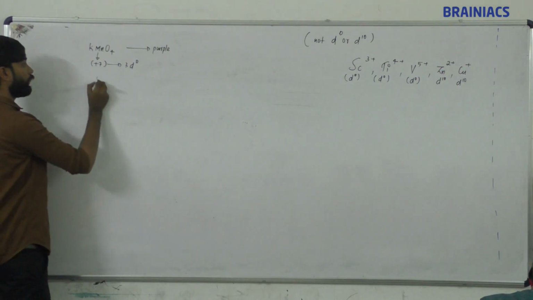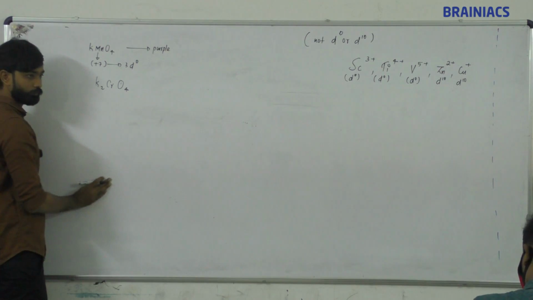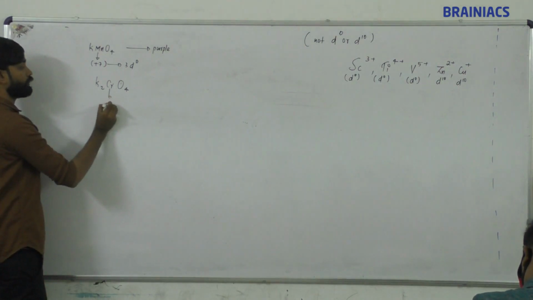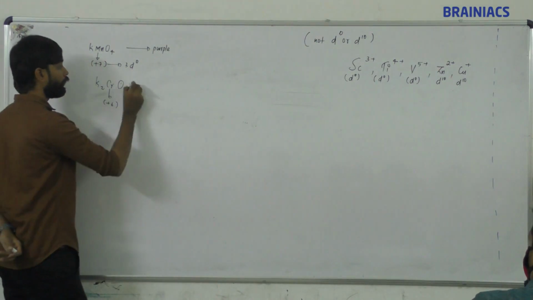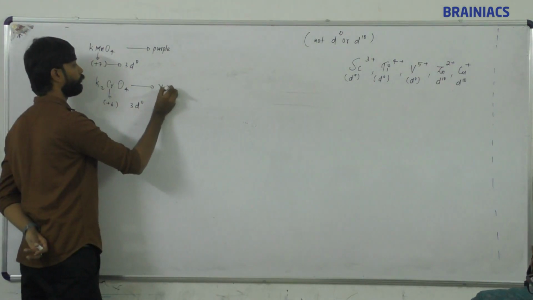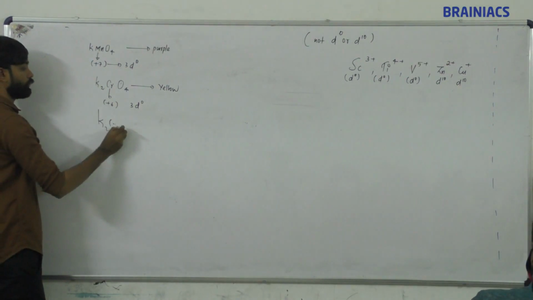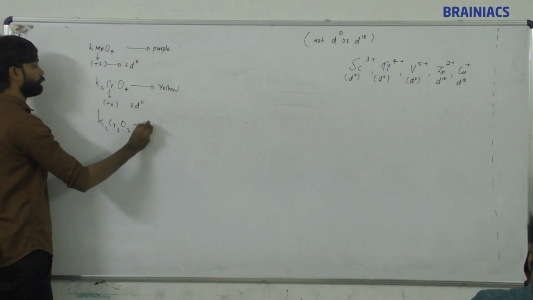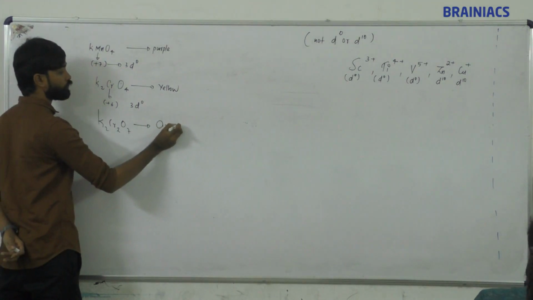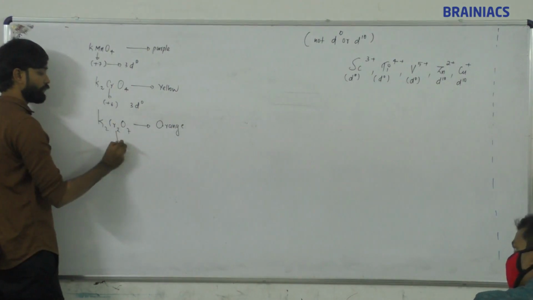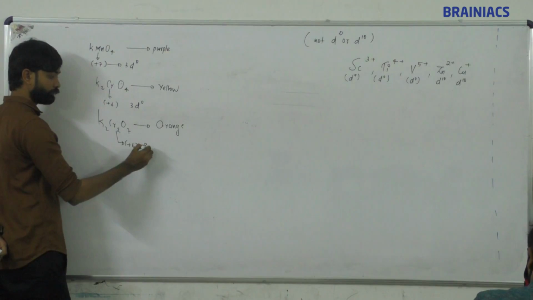KMnO4 has a purple color. And K2CrO4, where chromium is in +6, 3d0, is colored. K2Cr2O7 is orange-red or simply orange crystals, where chromium is in +6, 3d0.